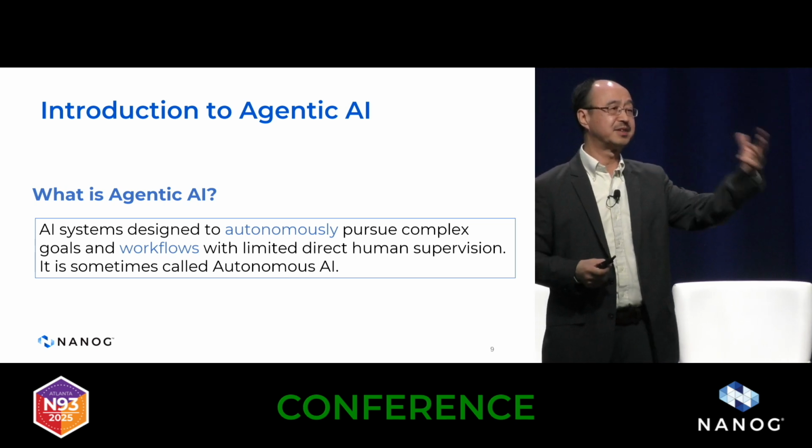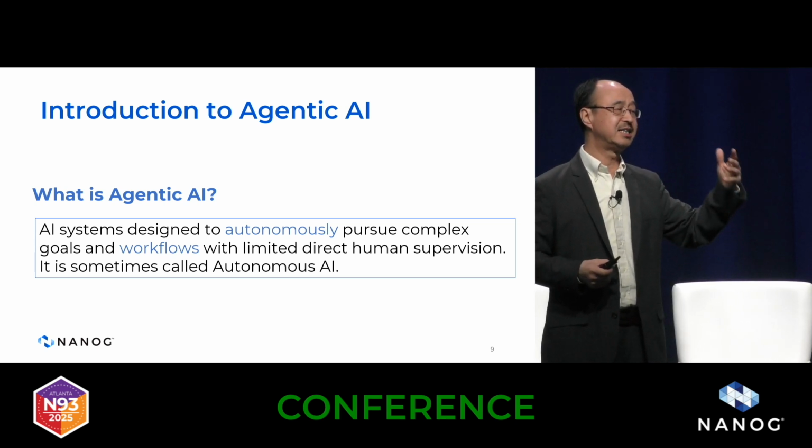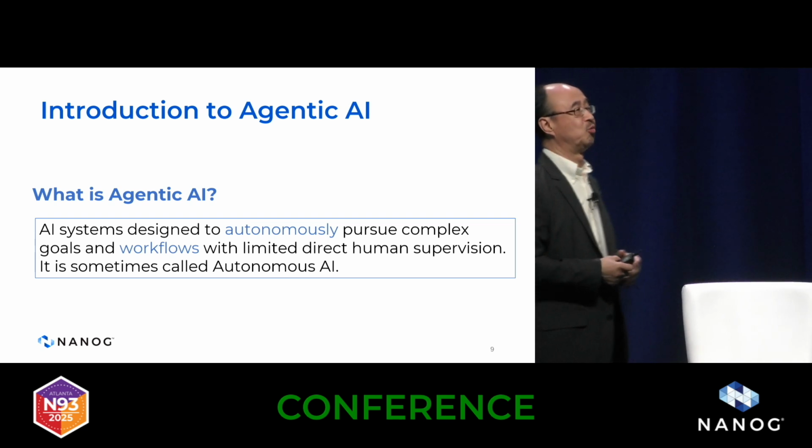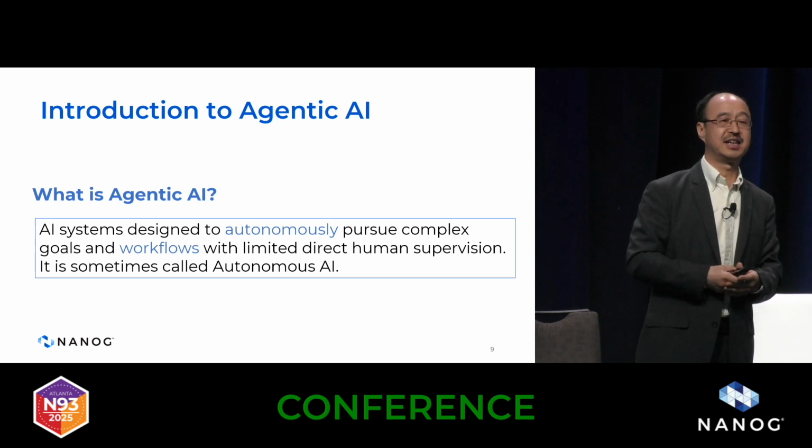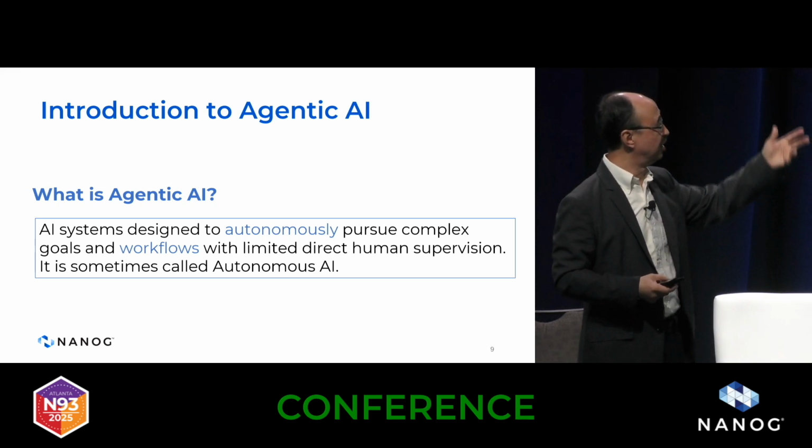So we want AI to take over some of that work, at least the majority of that work for us. And that's why I sometimes call it autonomous AI.